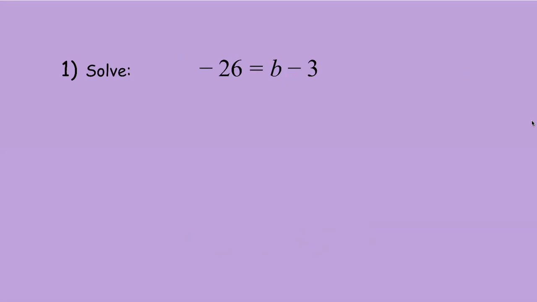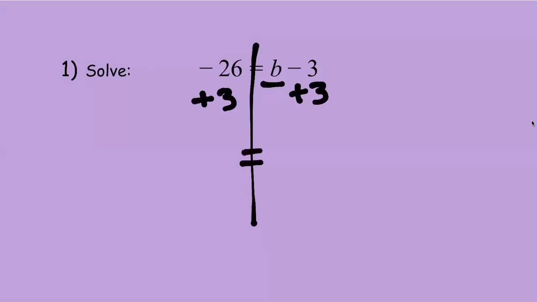So this first one, solve. You have negative 26 equals b minus 3. So we set up our fence, and then we want to get b by itself. What we're going to have to do is the opposite of what's being done to it. It's having 3 subtracted from it, so we're going to add 3 to both sides.